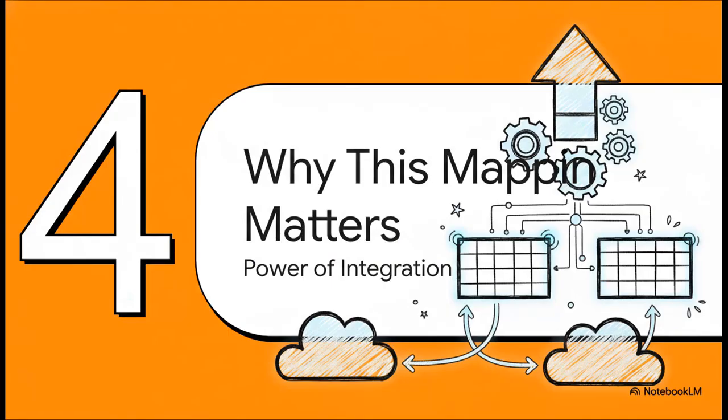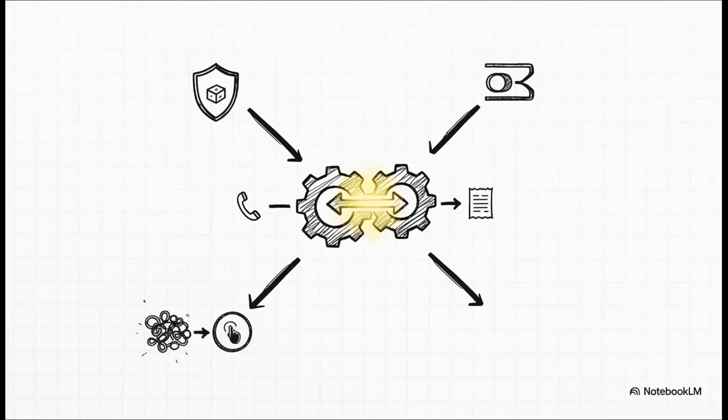So what's the big deal? Why does this one little automated mapping matter so much? Well, it's way more than just a neat technical shortcut. It's the foundation of a truly powerful and integrated system. You see, this mapping delivers some huge business value. First, and most obviously, it guarantees perfect data integrity. But beyond that, it actually allows the charging system to send instructions to the billing system.